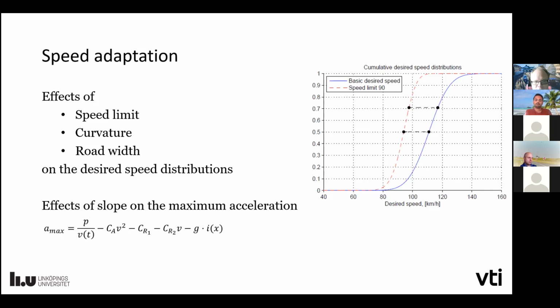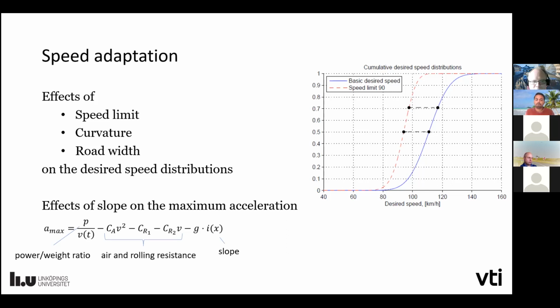The other part is the slope, and here the approach in RuTSim has been that we look at the power-weight ratio. Especially for trucks, which might not be able to keep their speed in the uphills, the available power in combination with the weight is important.